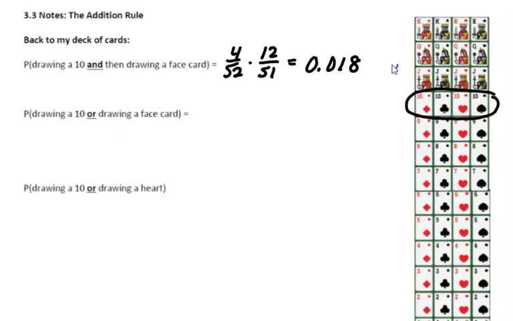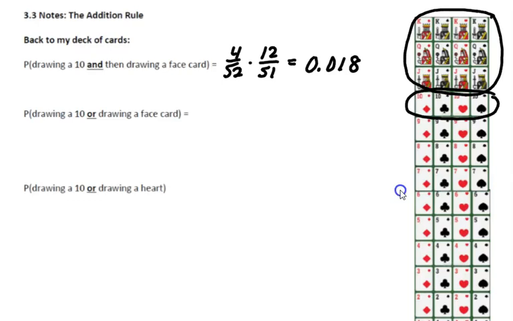The next question, though, is asking something different. It's saying drawing a 10 or drawing a face card. So I'm not drawing two cards, I'm just drawing one card here, but it could be a 10 or it could be a face card. So how many possible 10s are there? Well, there's 4 10s and there are 12 face cards.